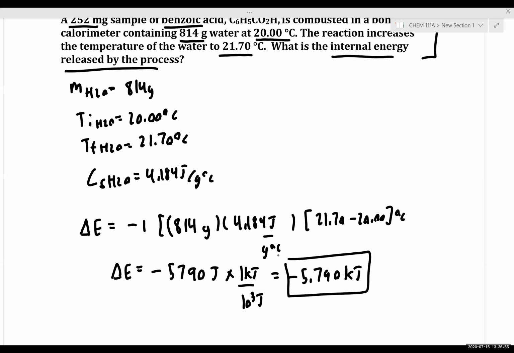Yes, the 5,790 was rounded from 5,789.8. We rounded to 3 sig figs. So if there's no calorimeter constant mentioned, you can assume that the heat transfer associated with the calorimeter is negligible. Yep.